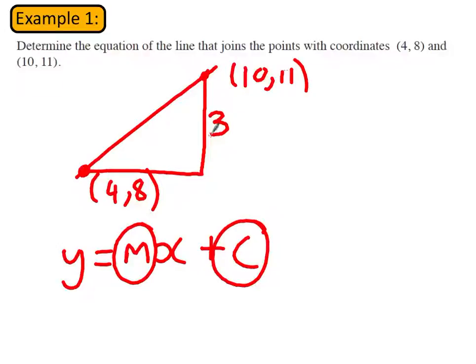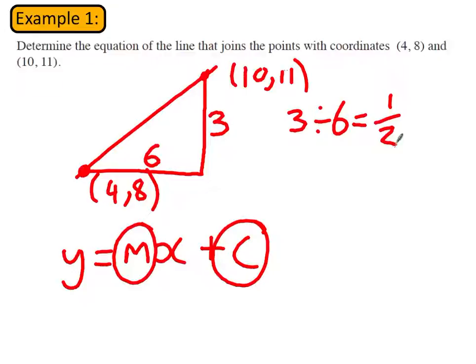And if we look at the change in x, the first one goes from 4 and the second one has an x coordinate of 10. So from 4 to 10 is a distance of 6. So our change in y is 3 and our change in x is 6. So our gradient is going to be 3 divided by 6, which is a half, or 0.5.